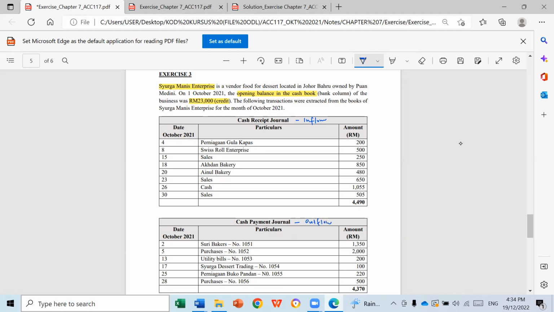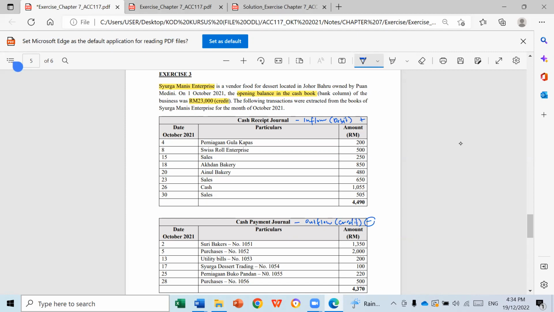outflow of cash. So if we convert it into the cash book, this inflow transaction is on the debit side of the cash book. It shows the inflow of money. Whereas the outflow section is recorded on the credit side of the cash book, which shows the outflow of money.